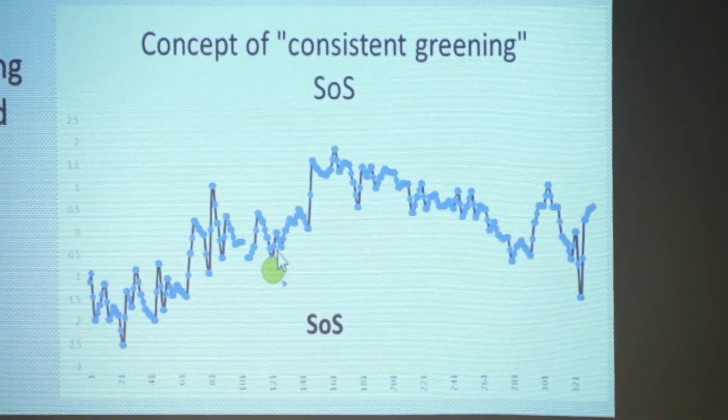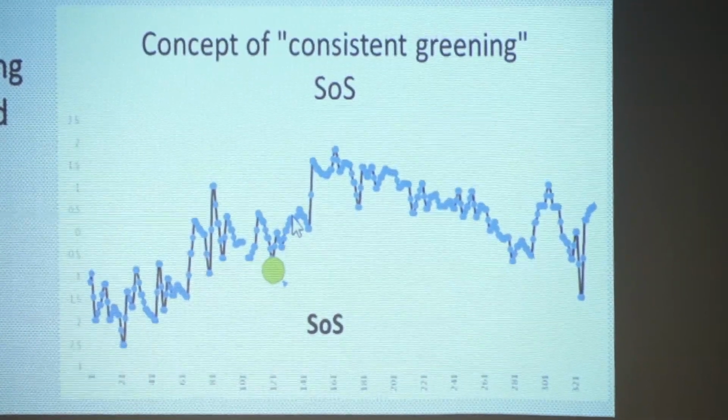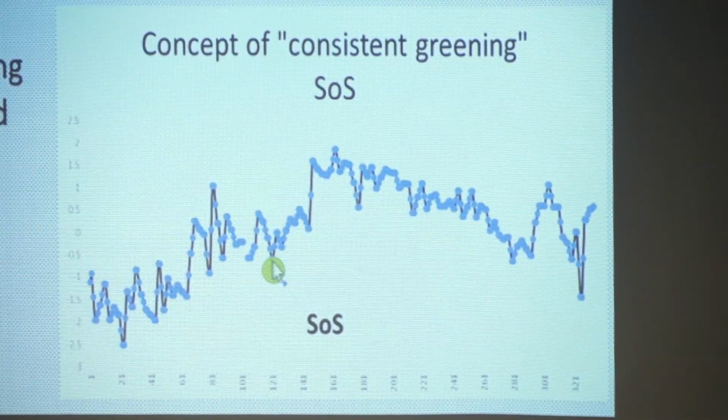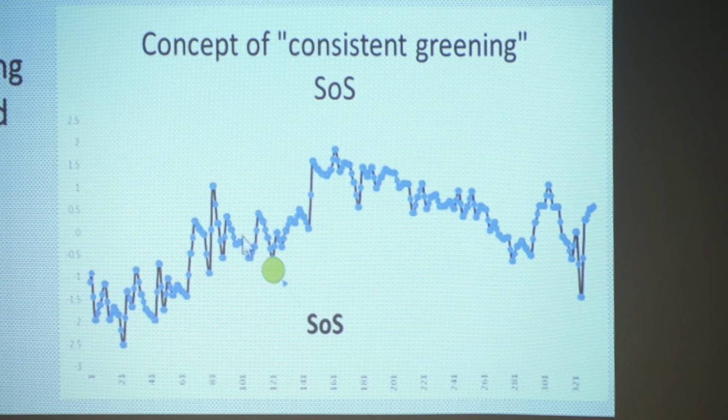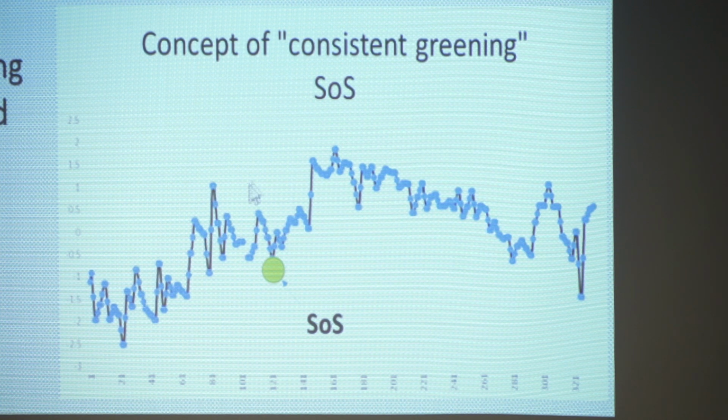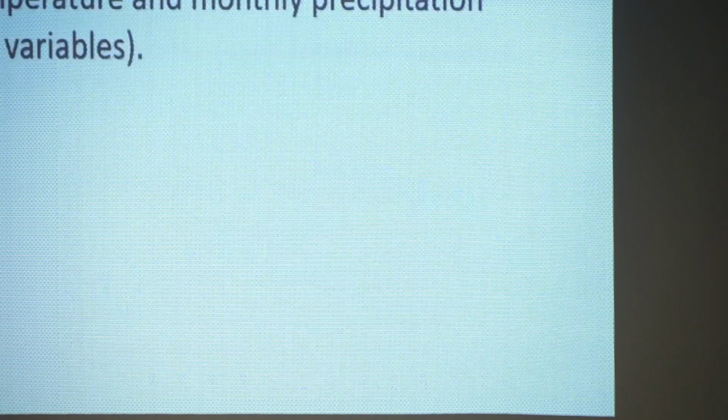Because after this point, NDVI might go up and down, but never below this level. If you choose this point, you're in trouble because it will go below. It doesn't mean that this is better than that, but to be consistent, we need some criteria which can be used across our work.